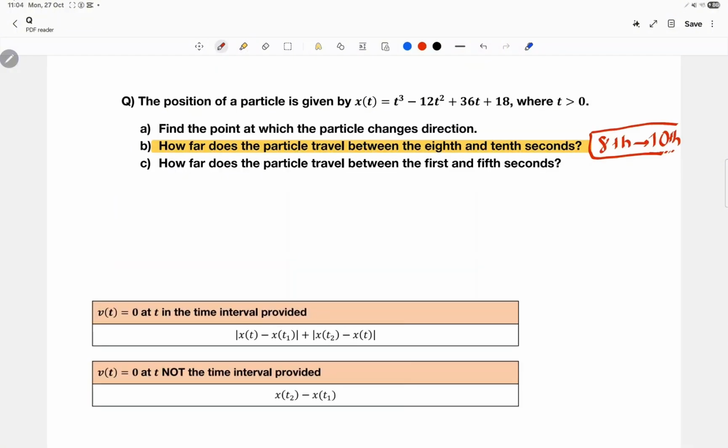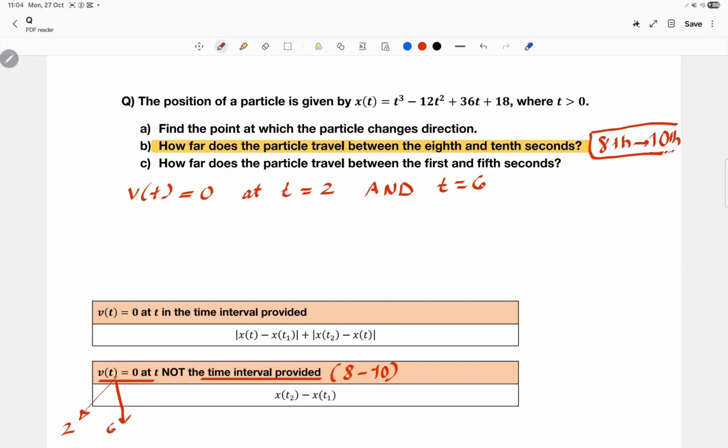Now, if you recall back in part A, we saw that the velocity was equal to 0 at 2 and also 6, right? And so our velocity is 0 at a time which is not in the time interval. Because what's the time interval? Between 8 and 10. Our velocity is 0 at 2 and 6.